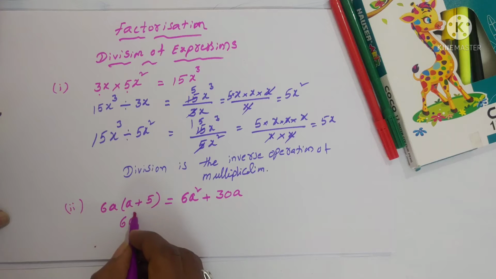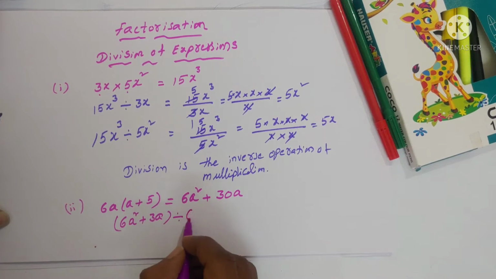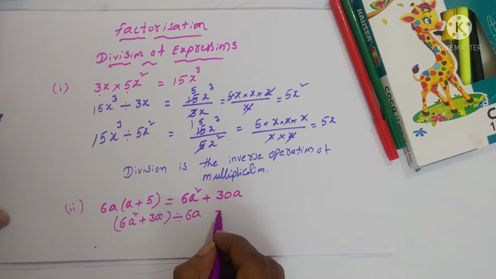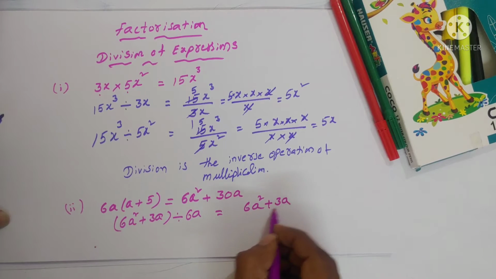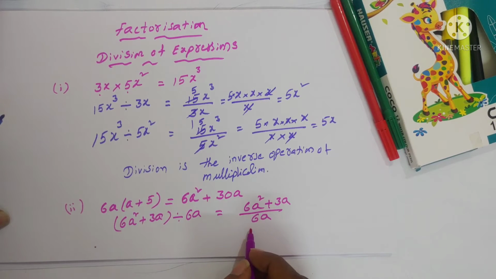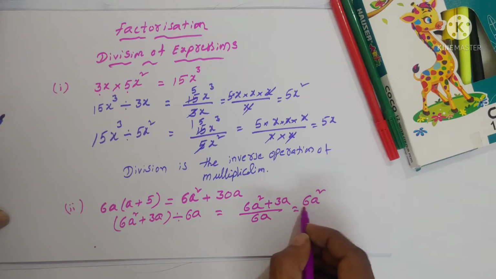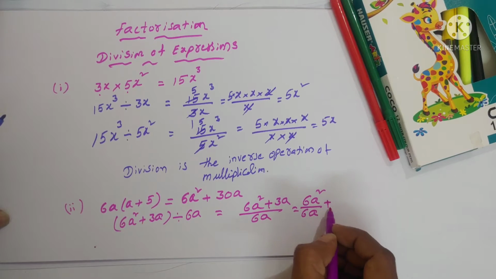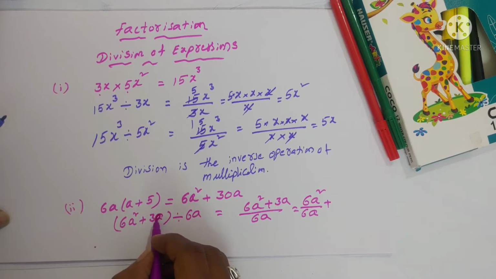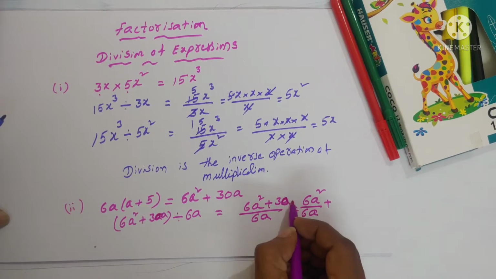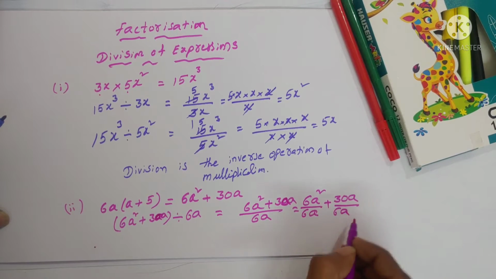Now this 6a square plus 30a can be divided by 6a. Okay children, then here we can write 6a square by 6a. Now separate this, see the process children, plus 30a by 6a.